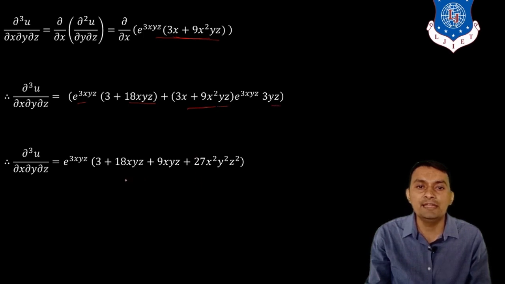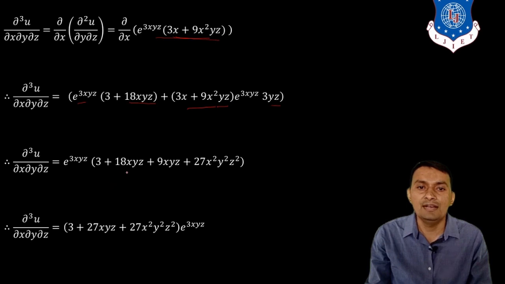So it is going to be 3 times (18xyz plus 9xyz, that is 27xyz, plus 27x square y square z square) into e raised to xyz. And that is what we want.